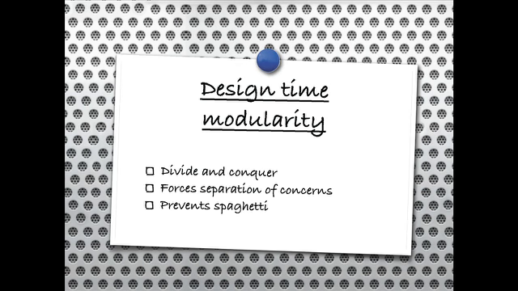So if we start to apply modularity, there are basically two parts to it. It starts with the most important thing, which is design time modularity. This is all about architecture and all about divide and conquer. Instead of having a huge code base in just one project and just keep on adding classes and interfaces to that project, we want to have small projects with just some code that belongs together and keep everything small.